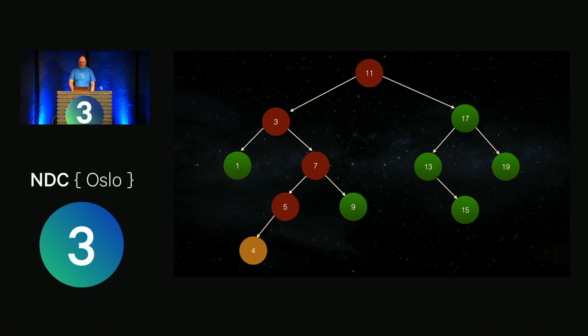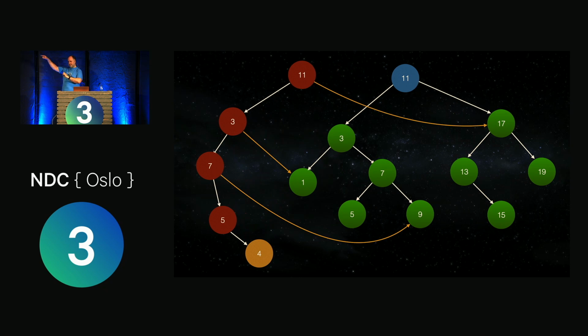If you want to add something like that yellow node at the bottom there, if you copy all of the nodes up to the root and put it on your copy, but have links back into the original tree, the original tree persists. It's still there, and you have a new tree which has lots of shared state along with it. That's an example of a persistent data structure, if you haven't come across that before.